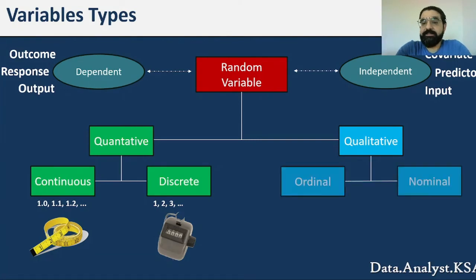Now for the qualitative. Even though the values eventually are numerical, they are actually not representing a numerical value. For example, with the ordinal, our data has a specific order, for example, first, second, third value. A cellular bar chart, for example, gives us an indication: 3 cells is better than 2 cells, 4 cells is better than 3 cells.